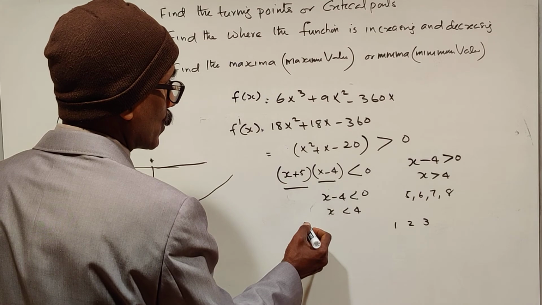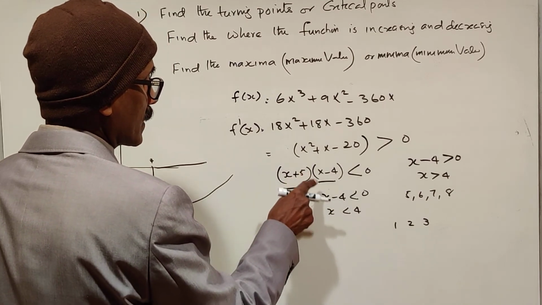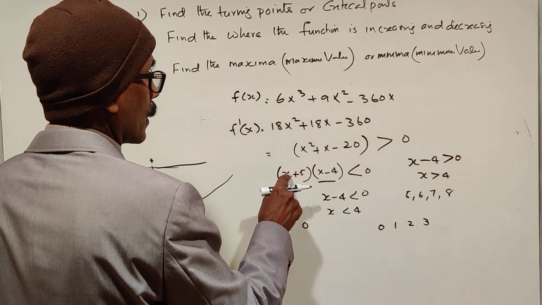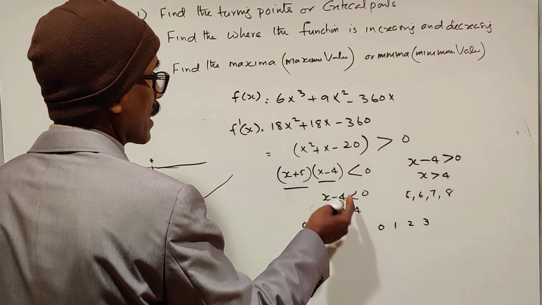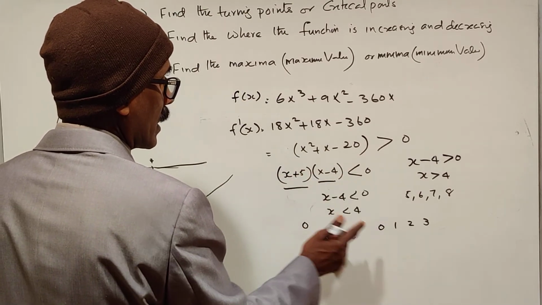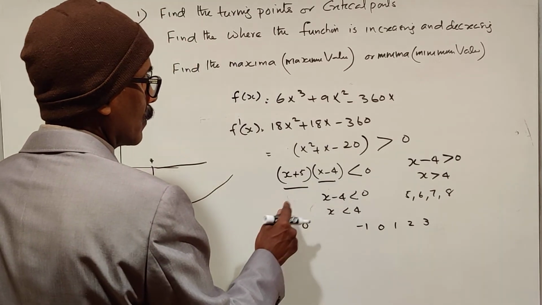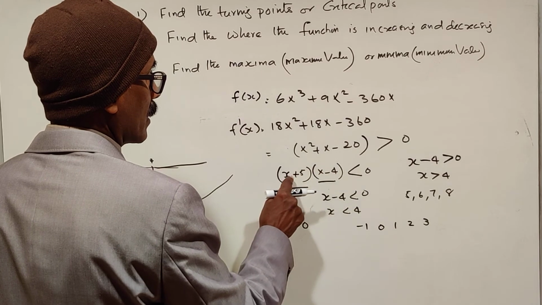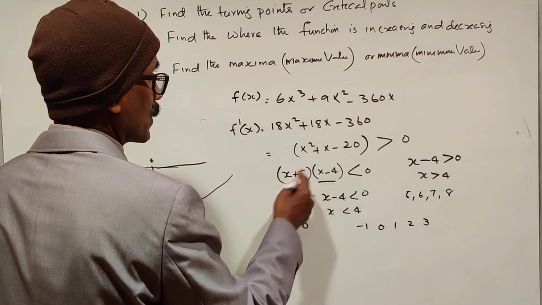What happened to 0? When x is 0, that is also negative. 5 times minus 4 is negative. Correct. Then minus 1. What happened to minus 1? Minus 1 plus 5 is 4, minus 1 minus 4 is minus 5. Negative times positive, negative.